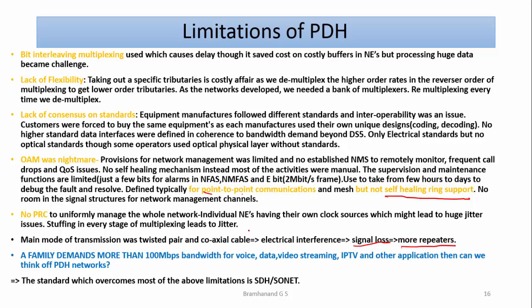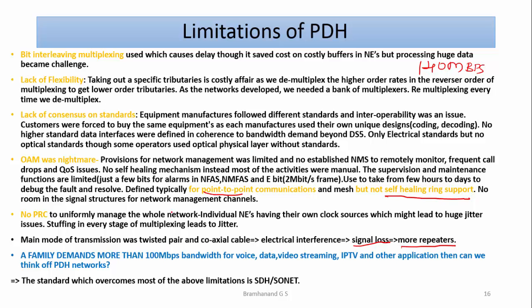And nowadays, we are all bandwidth hungry people. We need more bandwidth for voice, data, video streaming, IPTV, and many more applications. The best data rate which worked in PDH was 140 Mbps.